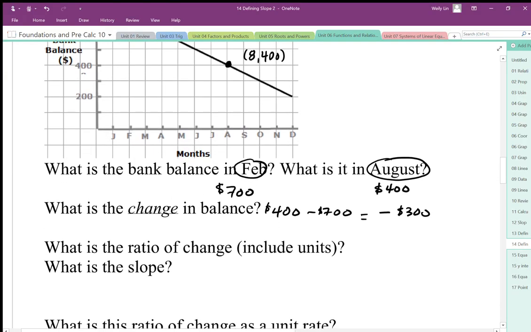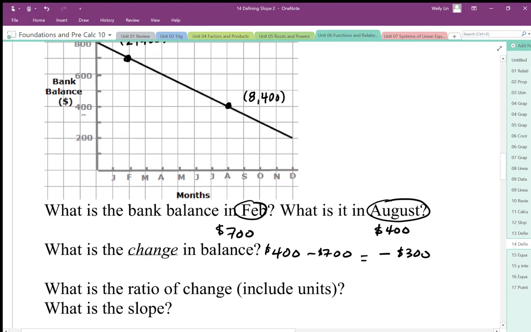So the change in the balance is negative $300, and this happened over a period of 6 months. So this is a negative $300 change, and this occurred over a stretch of 6 months.